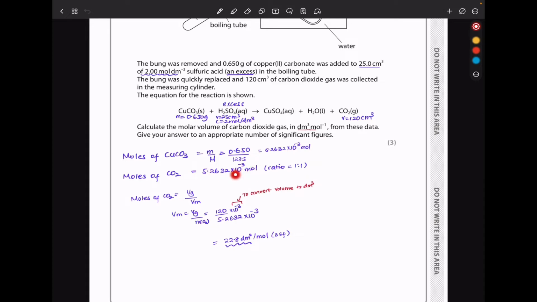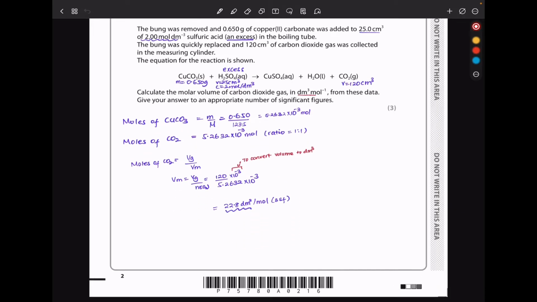And so using this formula, number of moles is going to be the volume of gas produced, which is 120, divided by molar volume. The molar volume is going to be the volume of gas, which is 120, divided by the number of moles. Of course, I converted this volume from 120 centimeters cubed to 120 times 10 to the power negative 3 decimeters cubed. And my answer was 22.8 decimeters cubed per mole to 3 significant figures.